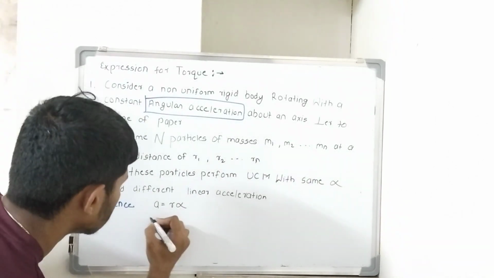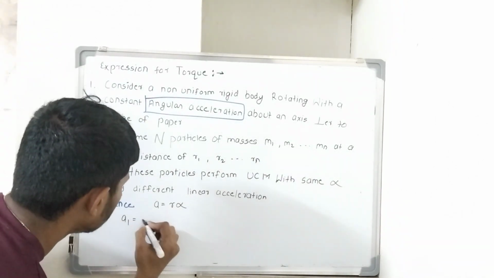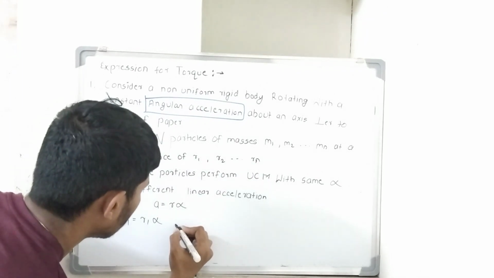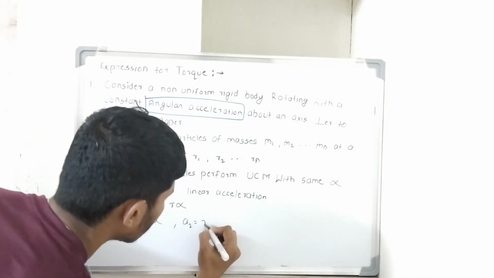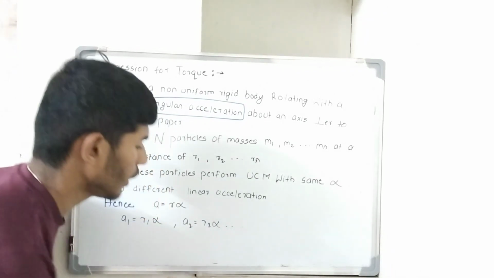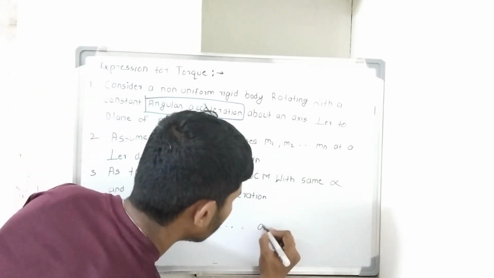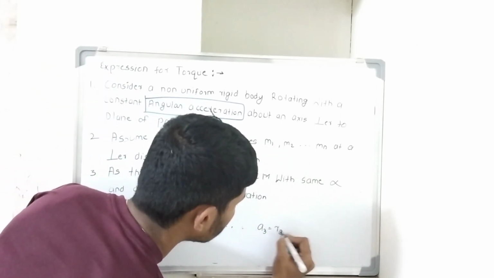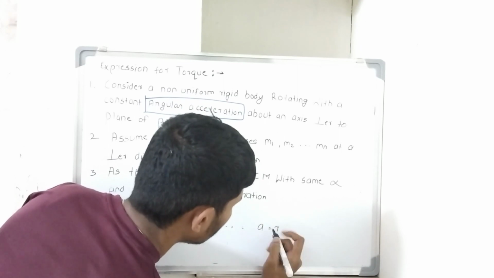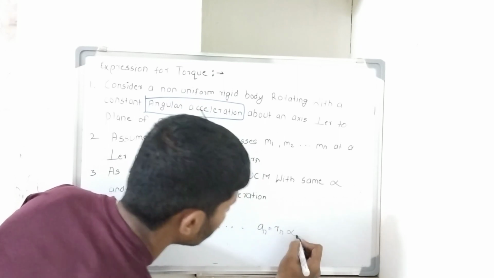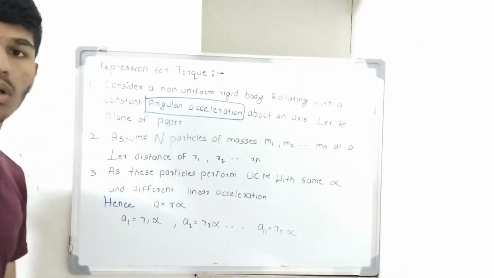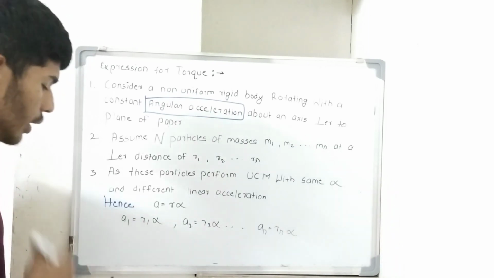For individual masses, a1 is equal to r1 alpha, a2 is equal to r2 alpha, till an is equal to rn alpha. So this will be the formula for linear acceleration.